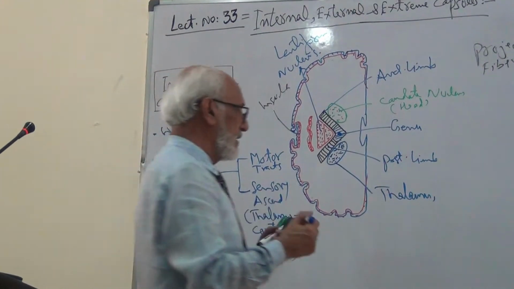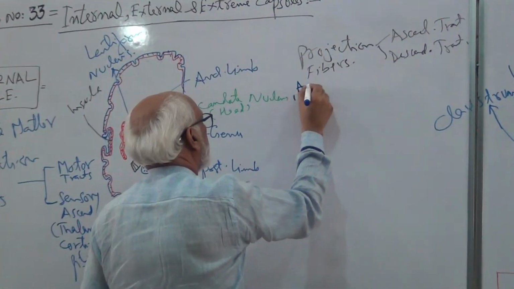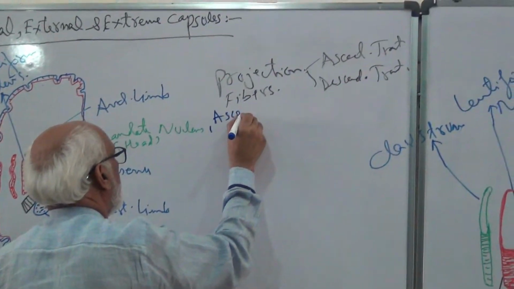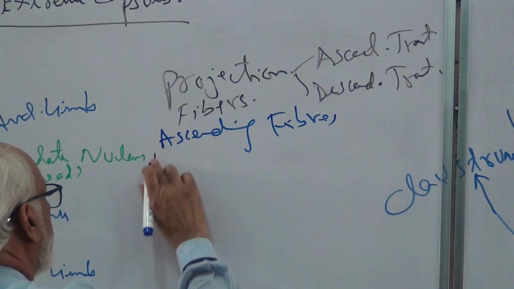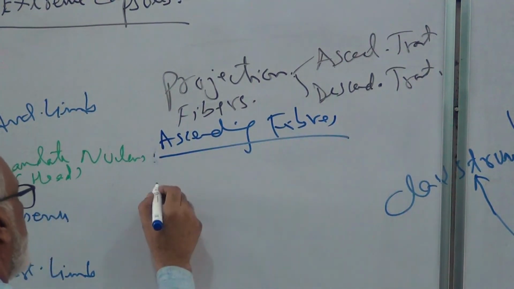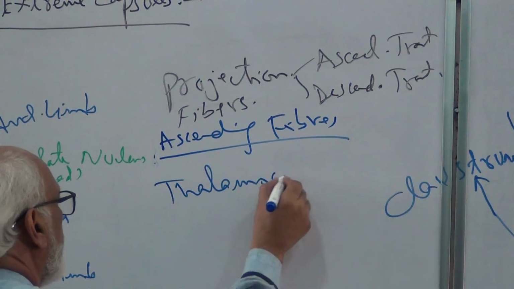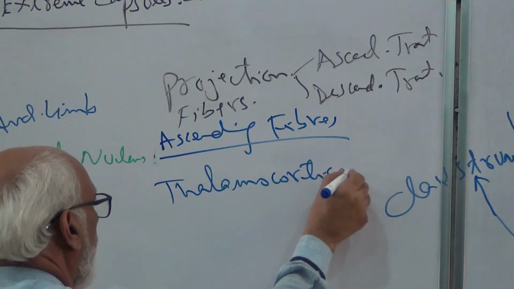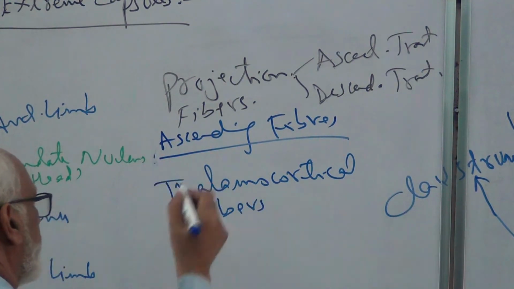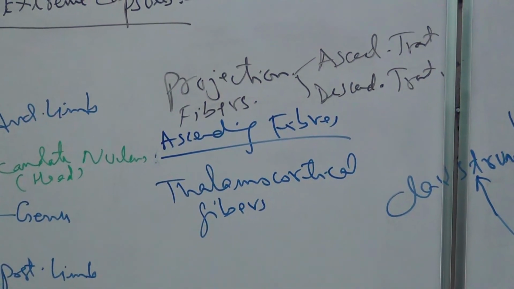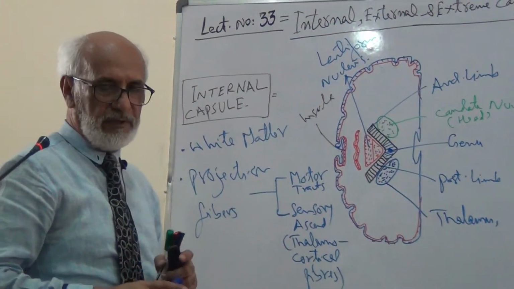Now, what are the ascending tracts? Ascending fibers. These are thalamocortical fibers. And in the last lecture I explained that all the sensory fibers relay in the thalamus except the sense of smell.